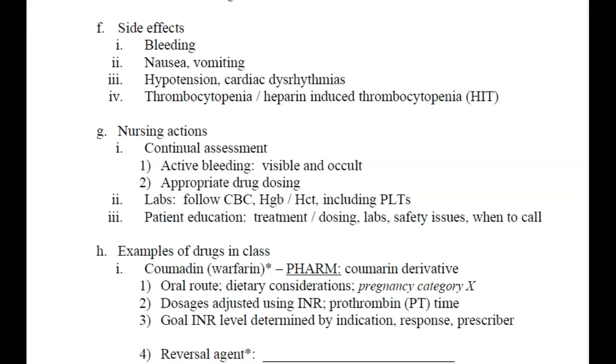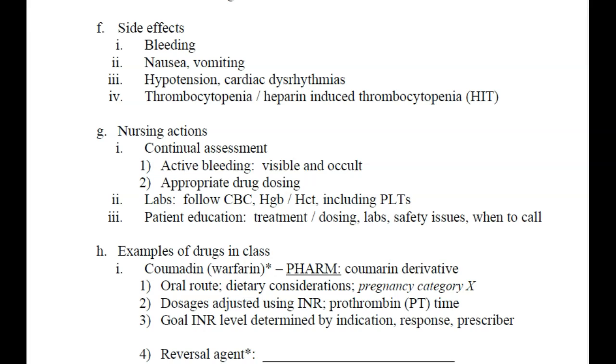Some nursing actions when patients are receiving anticoagulants. One is continuous assessment for active bleeding, either visible or occult, and also appropriate drug dosing, especially with certain medications. It is also very important to monitor and analyze labs such as the CBC, hemoglobin, hematocrit, and also the platelets.